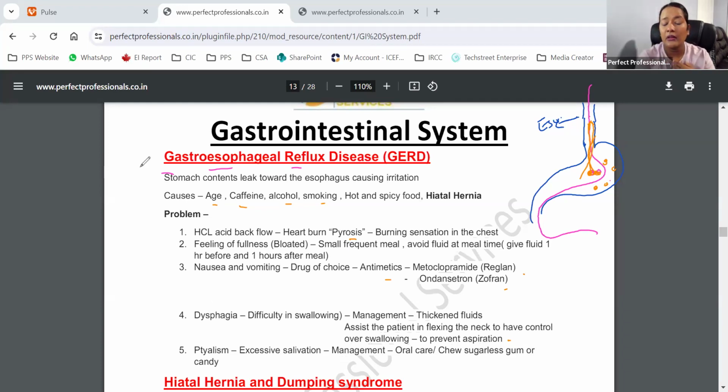You know, I got this GERD in my life one time. And you know what the feeling was? I thought I had cancer. It was that feeling I was having. It was so painful. I was doing night shifts. I had never done nights, after student life I never did nights. And due to night shift, I got a very bad GERD, very bad.